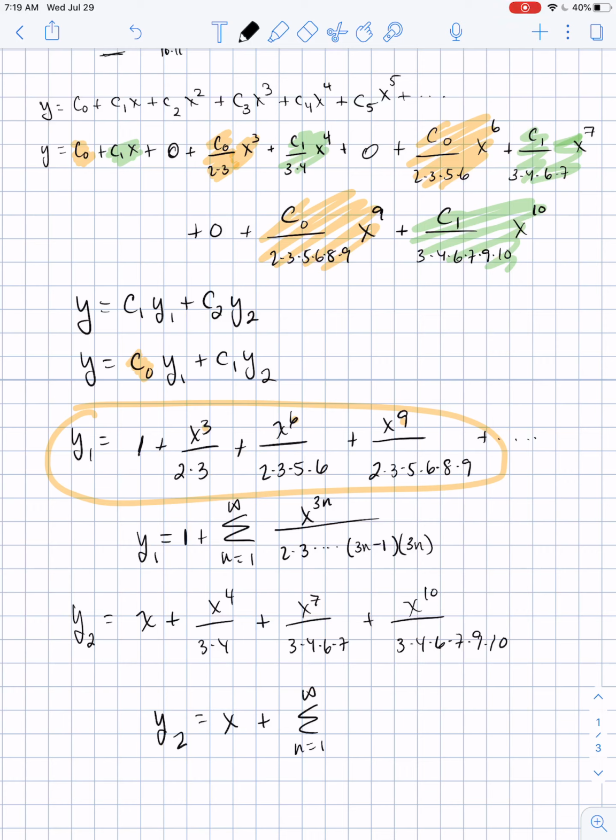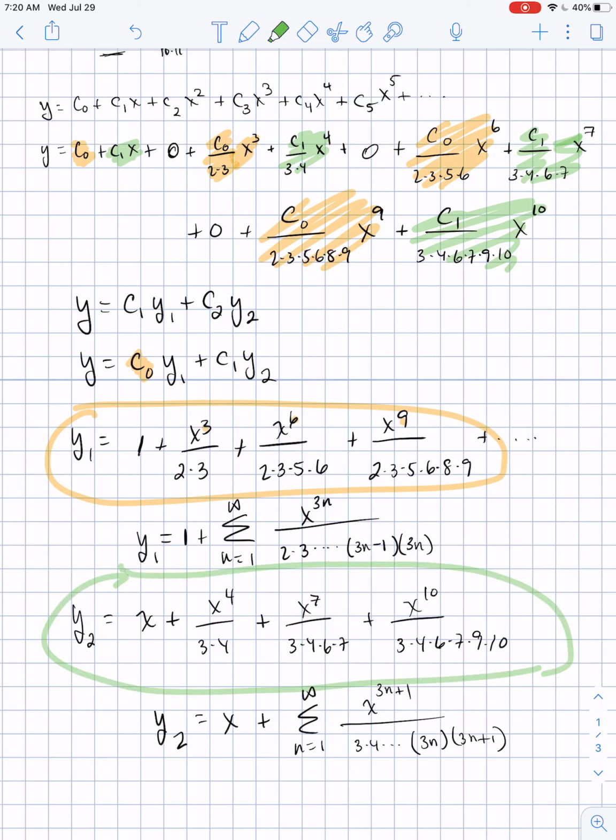Okay, and then here, this would be x to the 3n plus 1 over 3 times 4 dot dot dot, and I think it's pretty similar where it would be 3n and then 3n plus 1. But again, as long as you could get this, knowing that that's the pattern that you have.